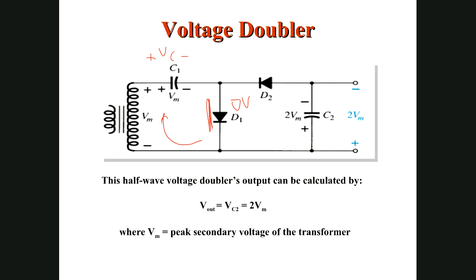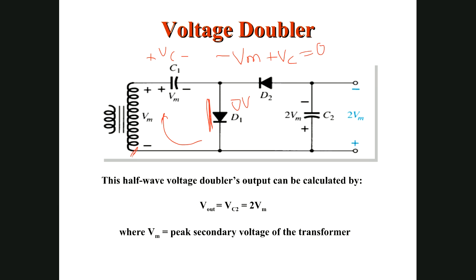Start from this point. We can say that it is minus Vm plus Vc. Since the diode is present but it is forward biased, its ideal voltage is 0, so we neglect that. There are no other voltages, so it will be 0.